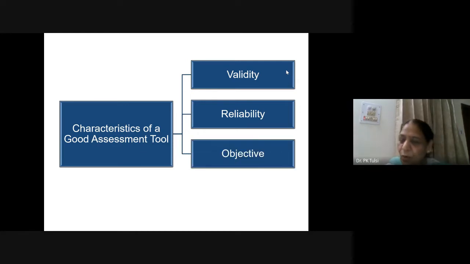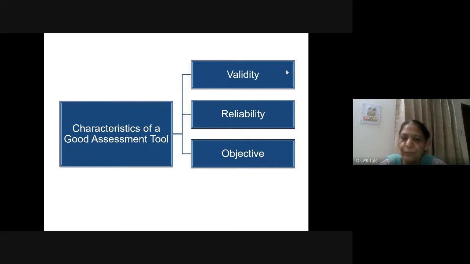And then objectivity. Whatever tool you are using, there should not be any subjectivity involved in it. But when we talk in terms of extended essays, then subjectivity is more. When we talk in terms of true, false, multiple choice questions or fill in the blanks, the objectivity is the highest. But we cannot go by just including objective type questions.